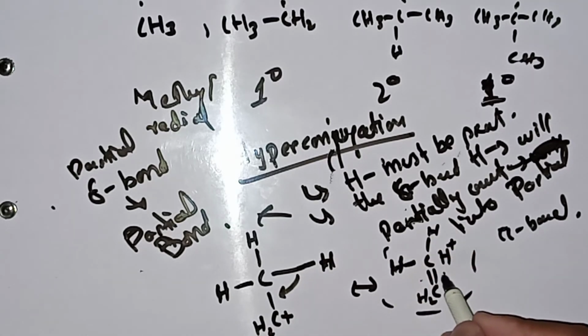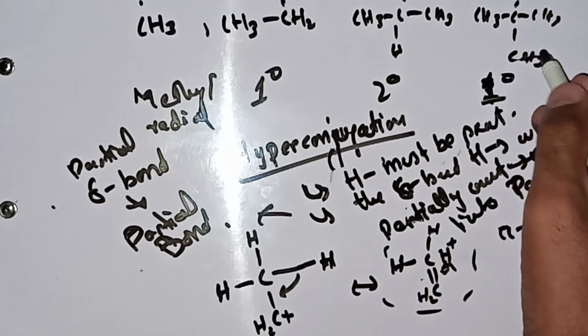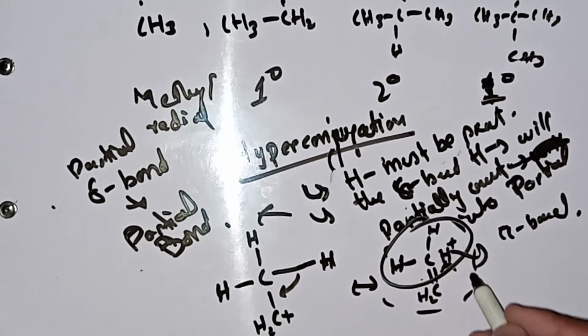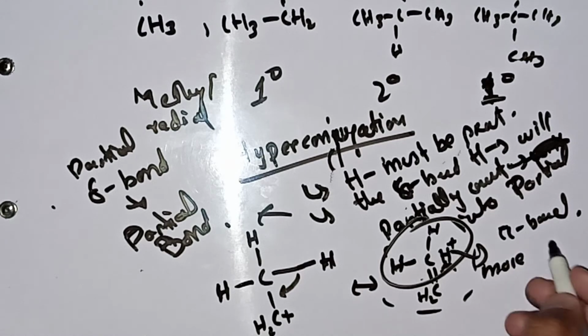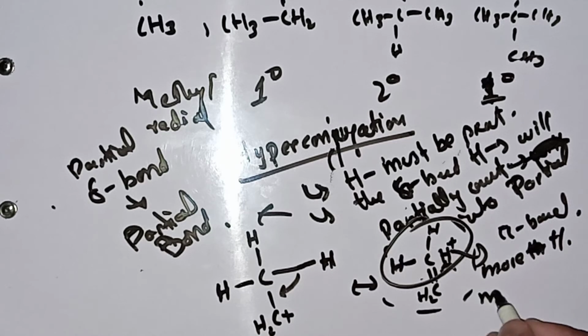This partial sigma bond can also be converted into a partial pi bond, so resonance will establish, delocalization will establish between the partial sigma bond and the partial pi bond. The more the number of hydrogens, the more hyperconjugation will occur.